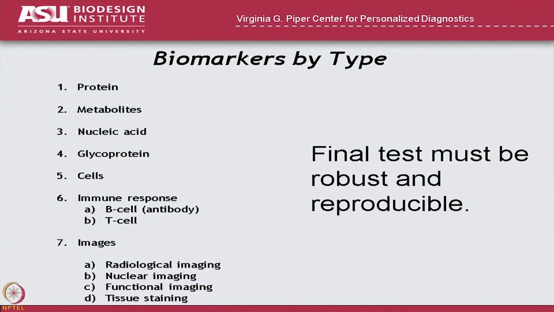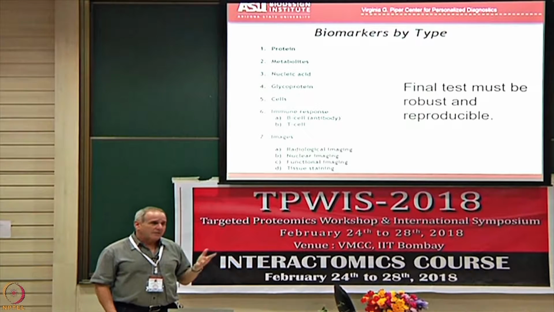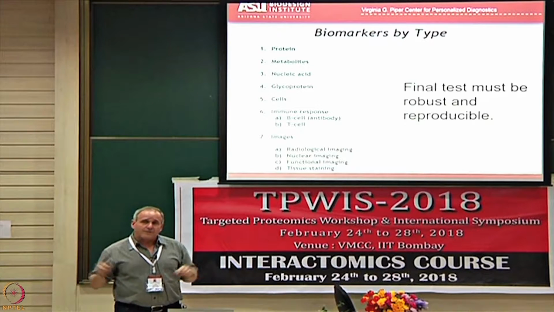And then, of course, images are also a type of biomarker, right? So X-rays, CT scans, PET scans, all those various technologies, in a sense, they are also measuring things. And you can imagine that some of those imaging studies themselves could be early detection biomarkers.